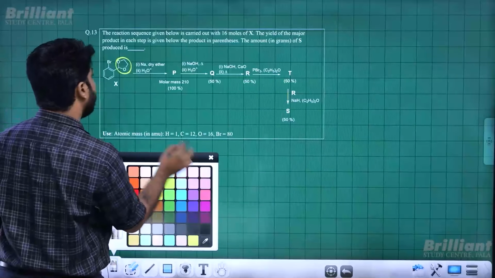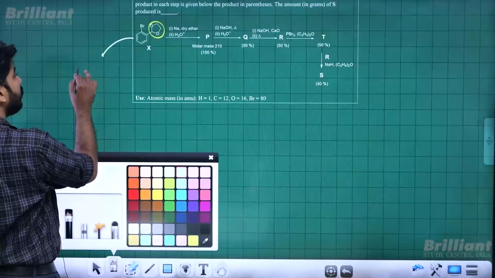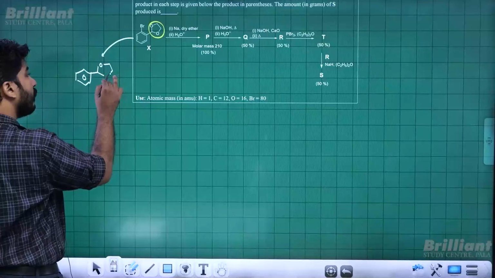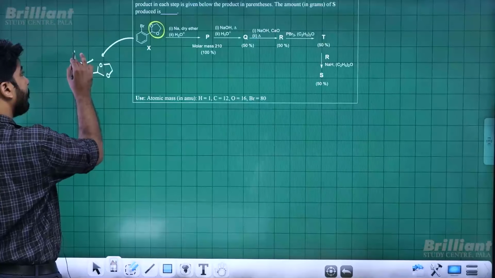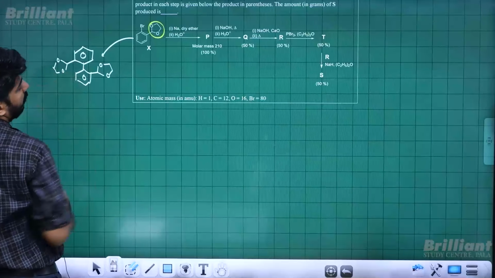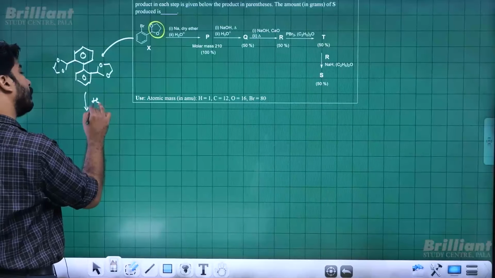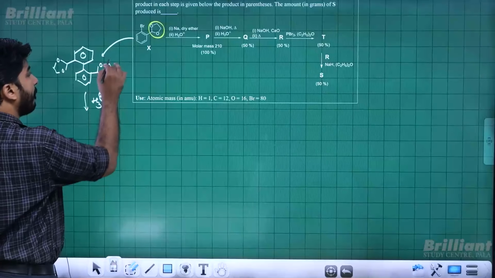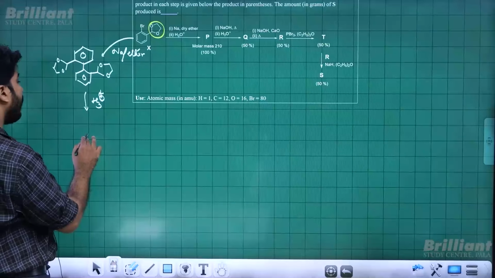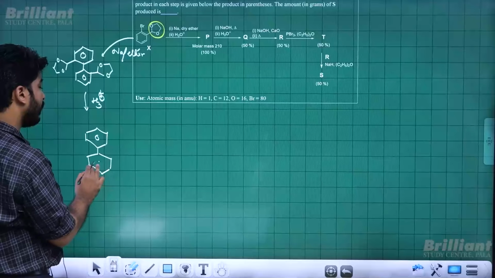So first with sodium and ether, we get a coupled product. That's the Fittig reaction. And with H3O plus, the acetal hydrolyzes to the aldehydic unit here, with the release of ethylene glycol.